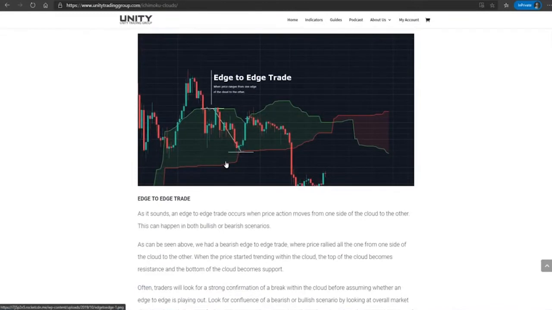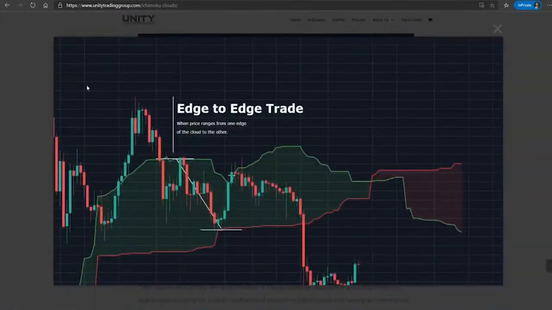That's when price action trends from one edge of the cloud to the other, whether it be a bearish edge-to-edge trade or a bullish edge-to-edge trade. And you can see how beautifully price was respected and rejected at the top of that cloud, and how beautifully it acted as a level of support and again as a level of resistance from this edge-to-edge trade example.